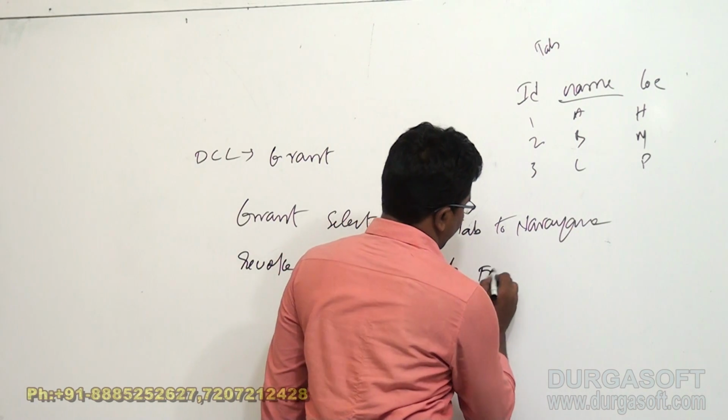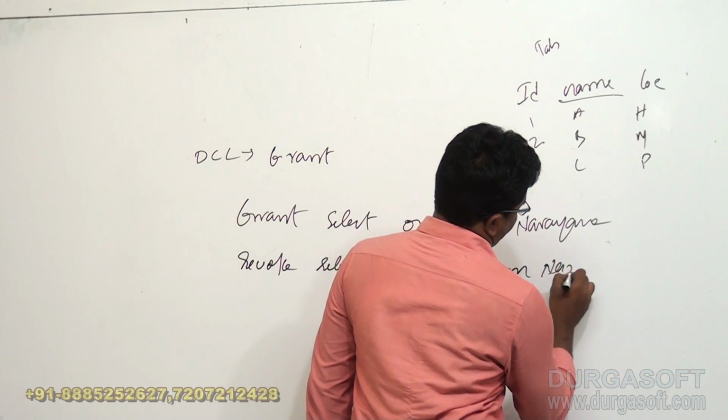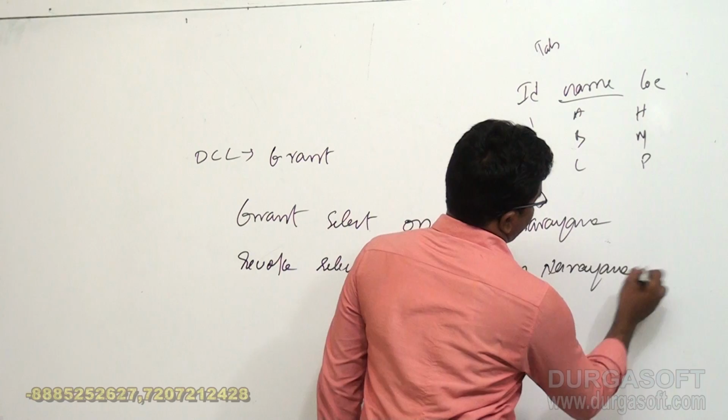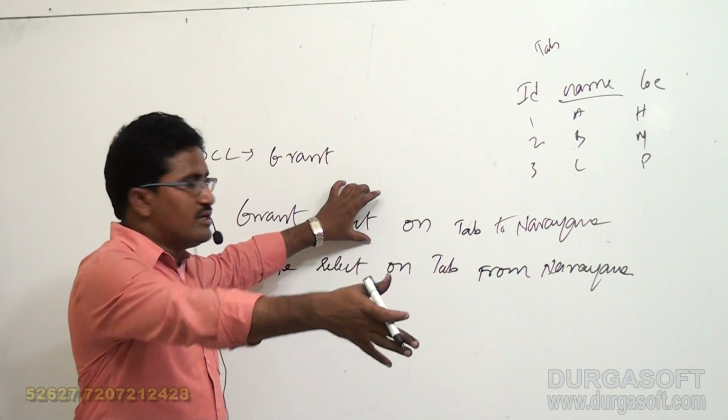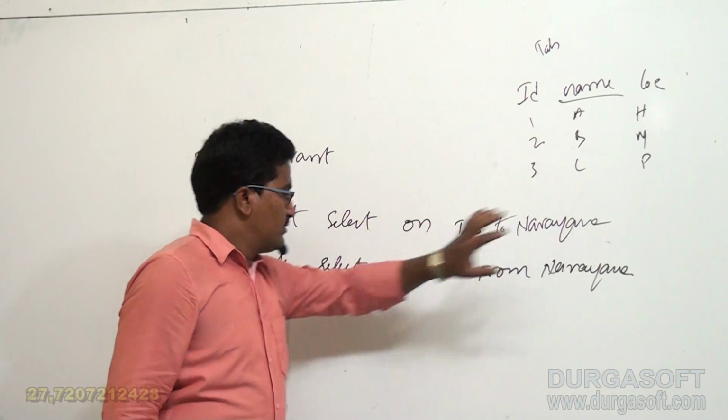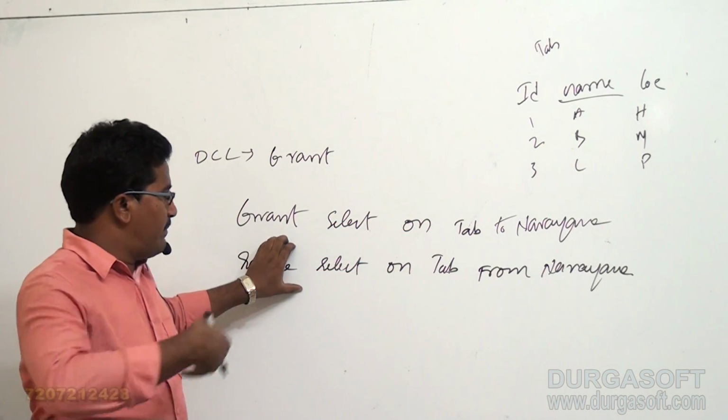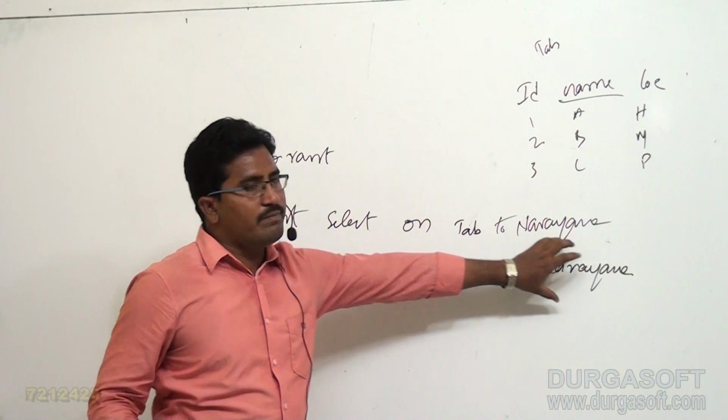So we use from here. Grant means giving permissions on a particular table to a particular user. Revoke means taking back the particular permissions on a particular table from a particular user.